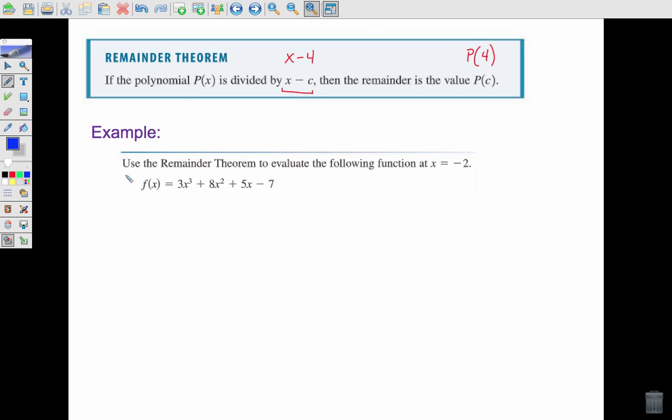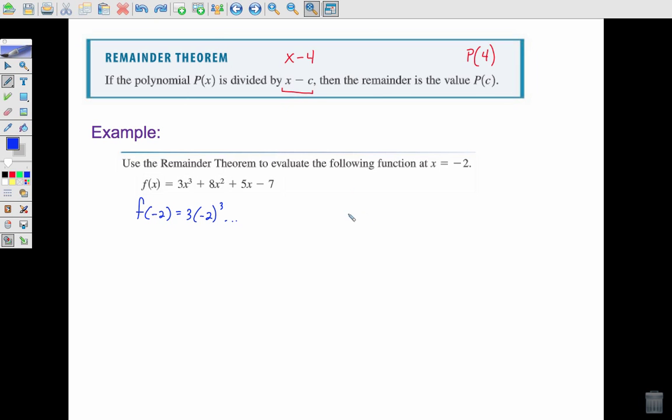The example says, use the remainder theorem to evaluate the following function at x equals -2. Without the remainder theorem, we would put -2 in for all of the x's and evaluate. But what the remainder theorem says is if we just take this polynomial and divide by -2 using synthetic division.